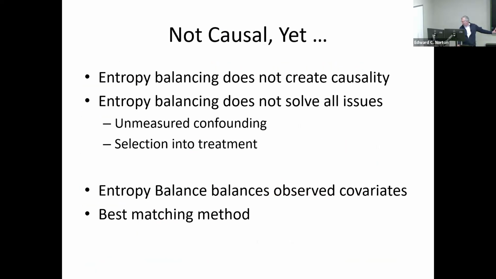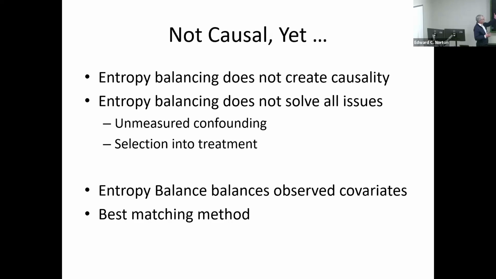Okay. Moving on, because we're starting to run out of time. The last point is this does not get us to causality. Okay, we cannot engineer our way out of not having a randomized control trial. If you really don't have a randomized control trial, this is about dealing with observational data in the most graceful way you can, but still understanding that you probably don't really have a true experiment, okay?